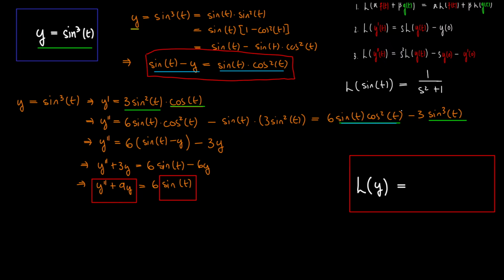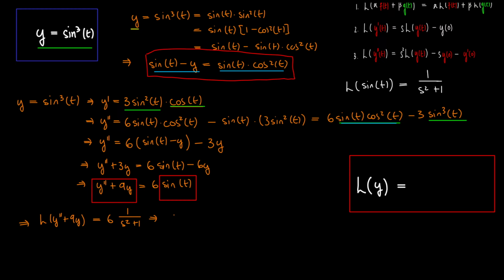Okay? So using that fact, let's apply the Laplace transform here to both sides of this equation. And so we get the Laplace transform of y double prime plus 9y is equal to 6 times 1 over s squared plus 1.